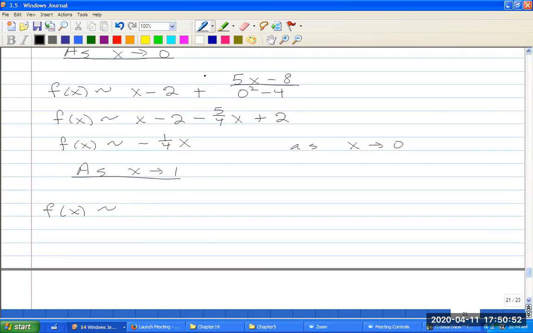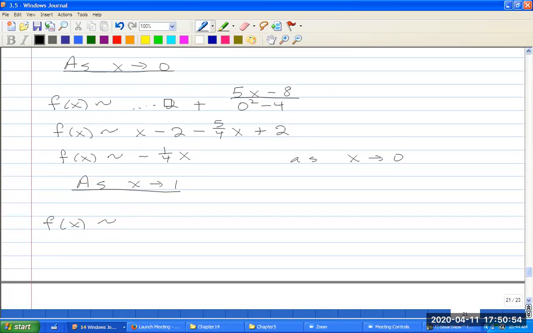So let me use instead the original, which looked like x times x minus 1 squared over x minus 2 minus x squared.